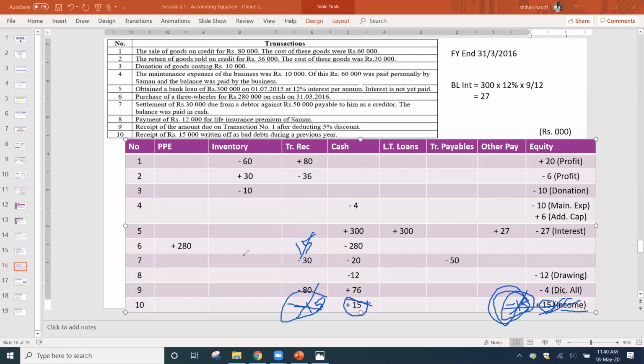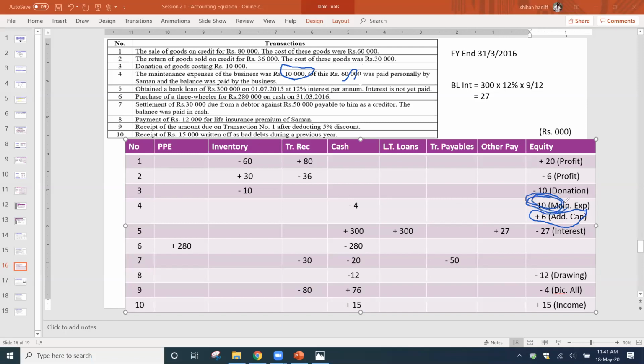Another question, in transaction number 4, why do we take 6,000 as additional capital? The transaction says the maintenance expense of the business was 10,000. 6,000 was paid personally by the owner, and the balance was paid by the business. So maintenance expense is 10,000.